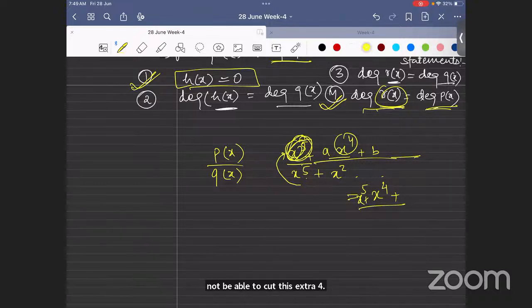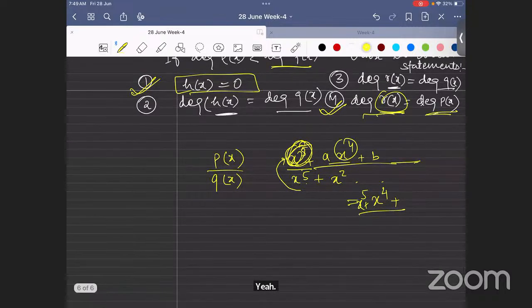There's a possibility. So you can get the remainder as x to the power 4, one less than the divisor degree, but you can't get the same as the divisor. So you'll be getting at least one degree less than the divisor for sure. Is this clear now, or do you want me to explain it?